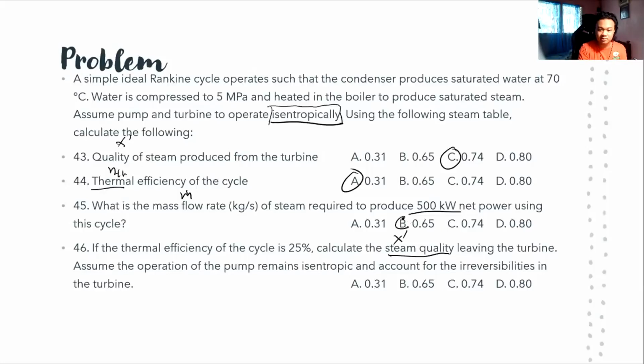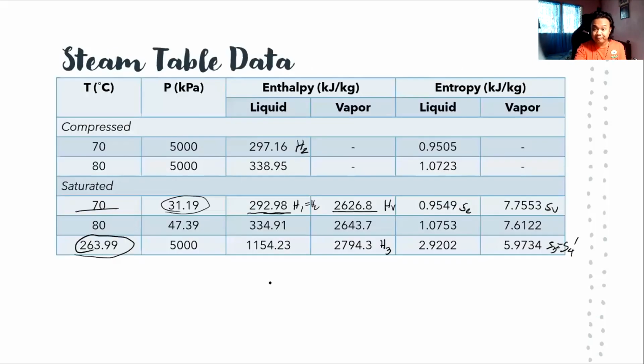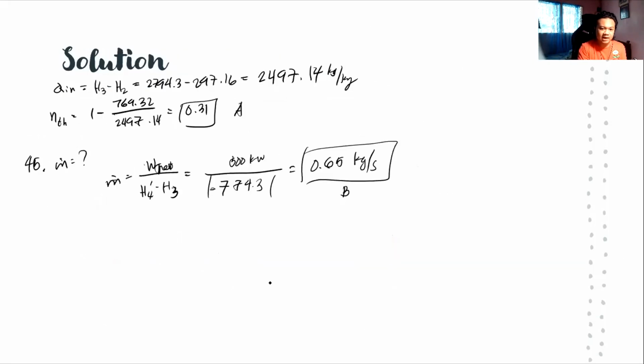Okay, that's actually simple. And lastly, we have eta thermal 0.25. So let's work that in our equation to find our x sub 4 prime. You're given here the 46, x4 when eta thermal is 0.25.